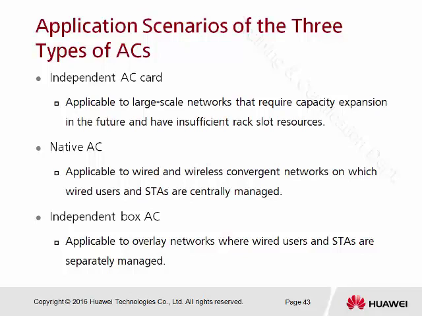Native AC is suitable for a combination of wired and wireless network. And lastly, the independent box AC is applicable to an overlay network where wired users and the WLAN are separately managed.